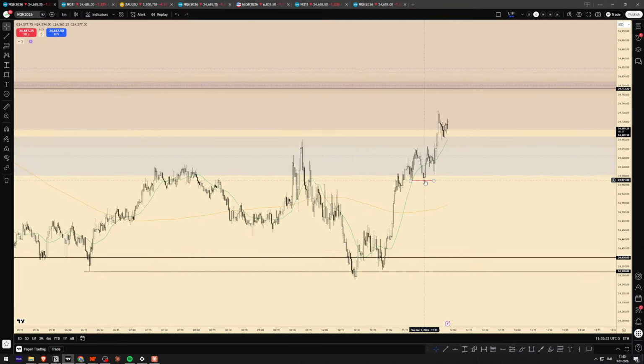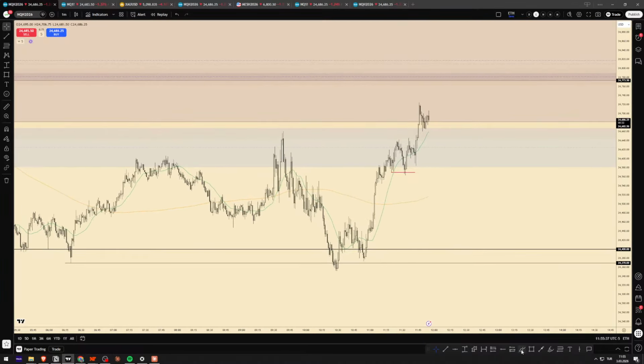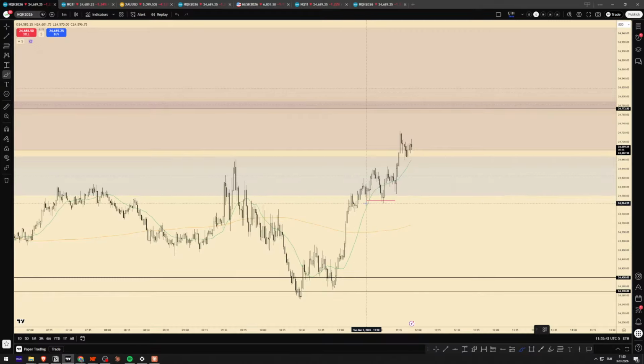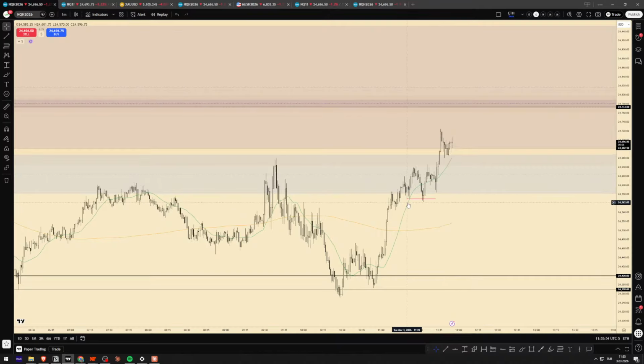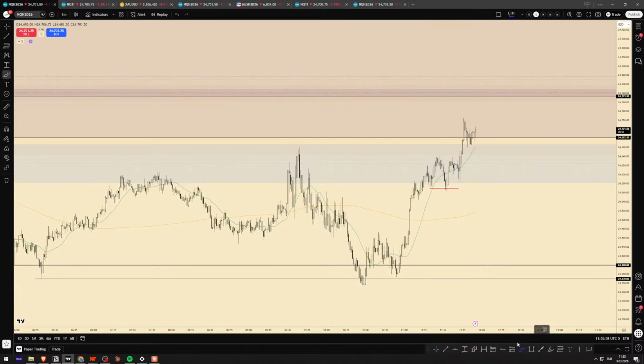I didn't want to add from this level because I wasn't sure if price would do something like that. One entry, stop. Another entry, stop. Another things like that, right? I believed price was bullish, but I didn't know how it was going to go higher.